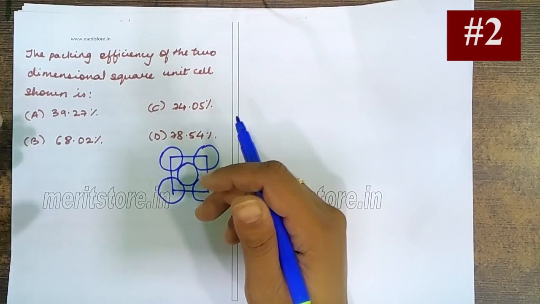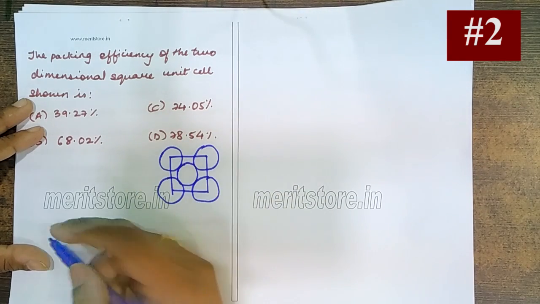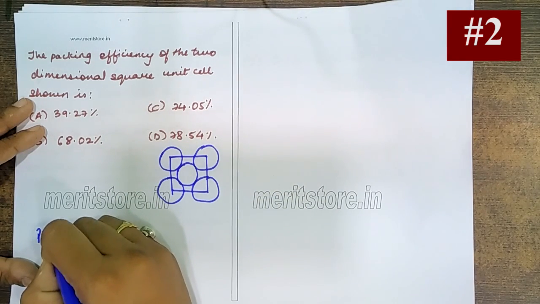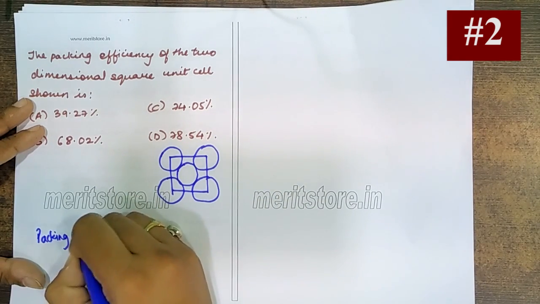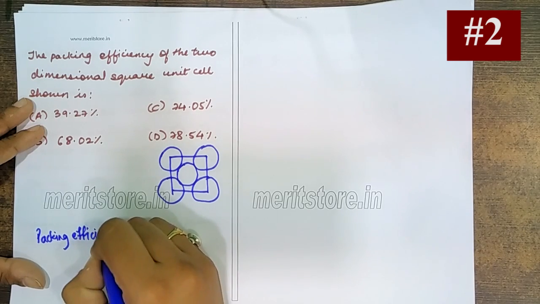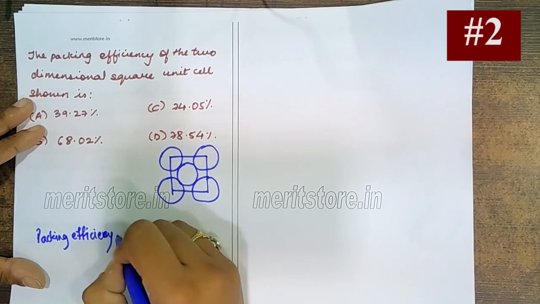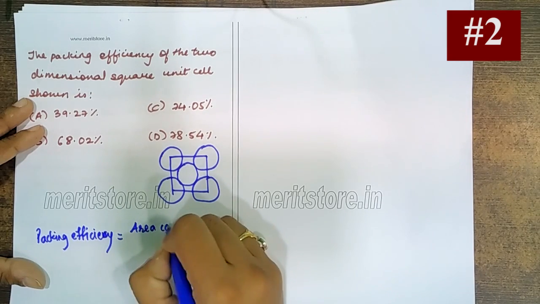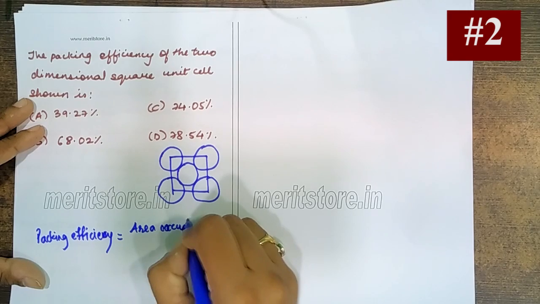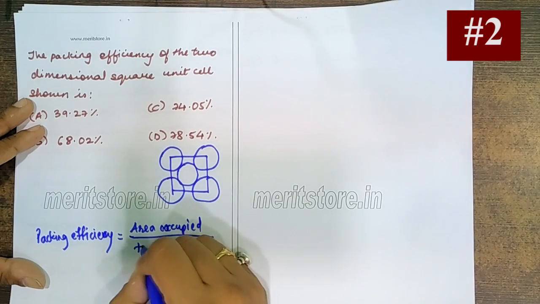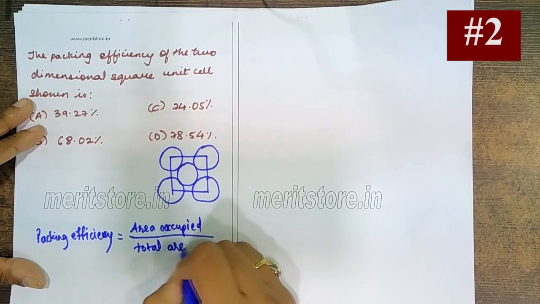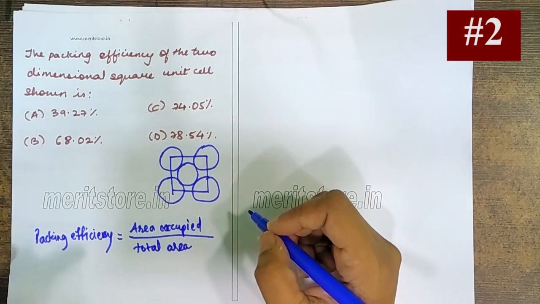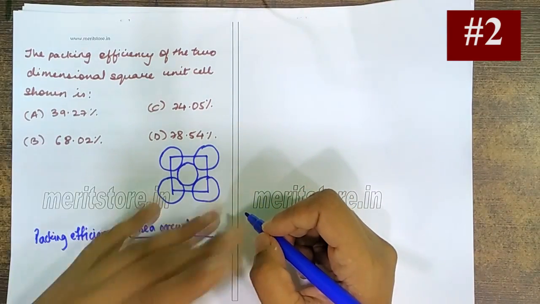Whenever we talk about packing efficiency, it is nothing but the volume occupied divided by the total volume. But right now it's two-dimensional, therefore we are going to talk about the area occupied divided by the total area, not the volume, since it is a two-dimensional thing.